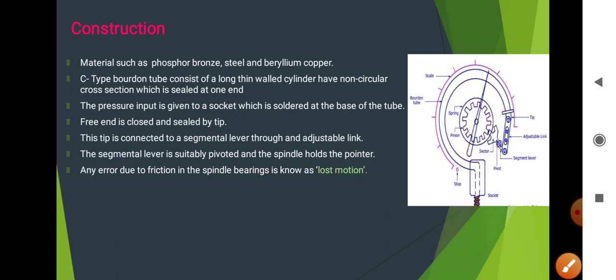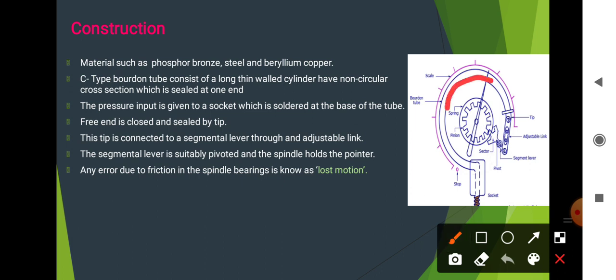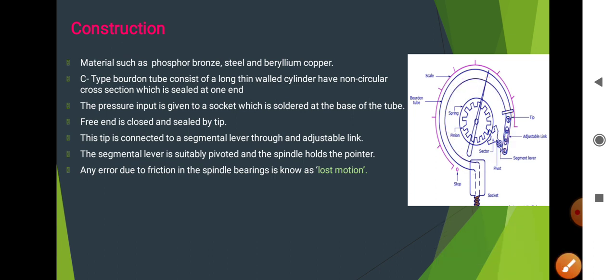This tip is connected to a segmental lever through an adjustable link, and the pointer is connected to a spindle, which is also connected to the sector. The segmental lever is suitably pivoted and the spindle holds the pointer. The pointer moves on a scale which shows the amount of pressure applied.